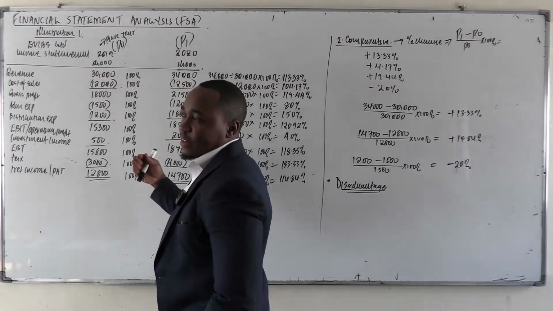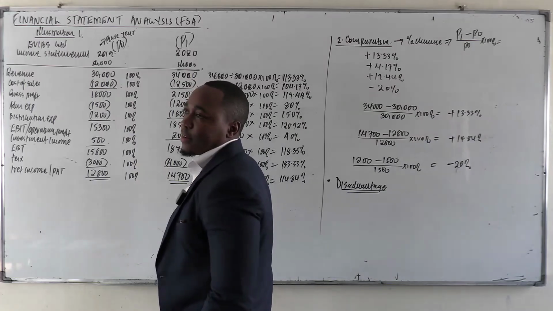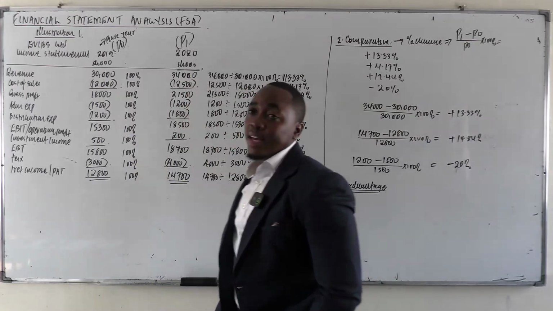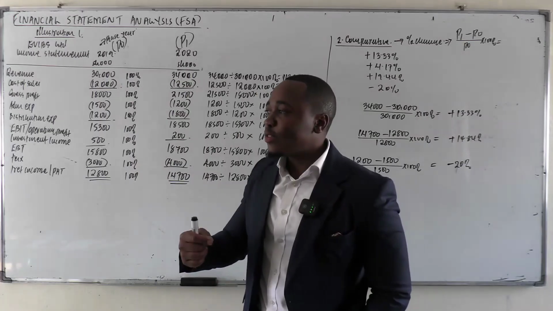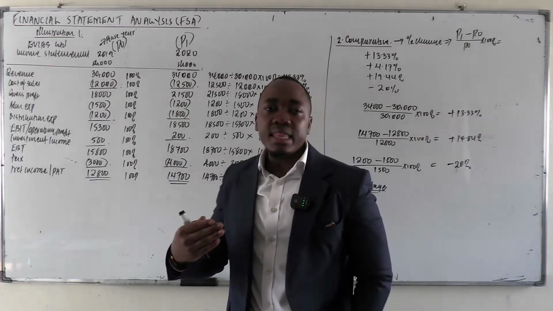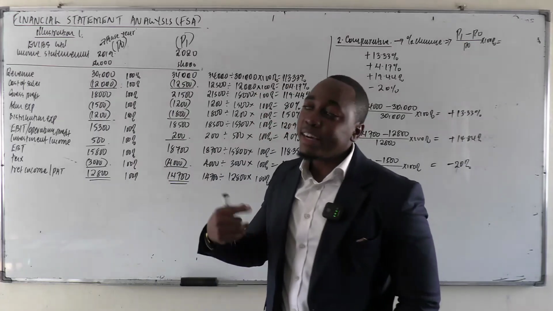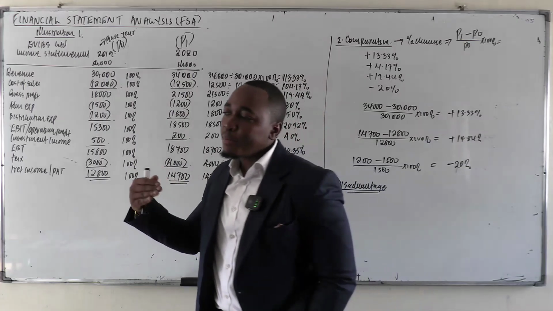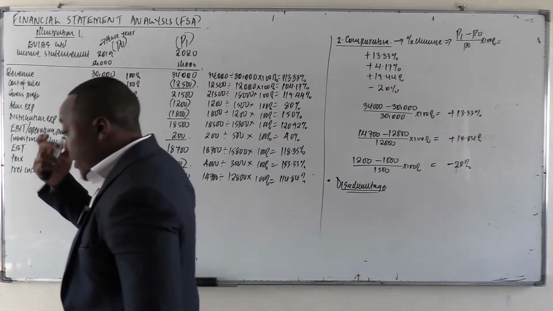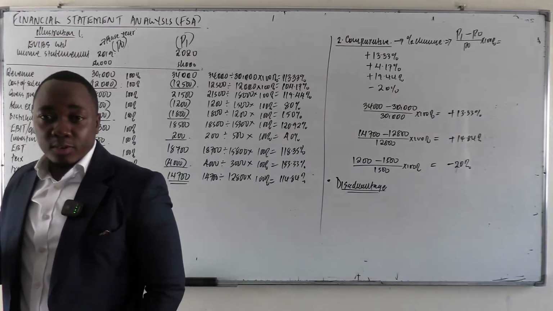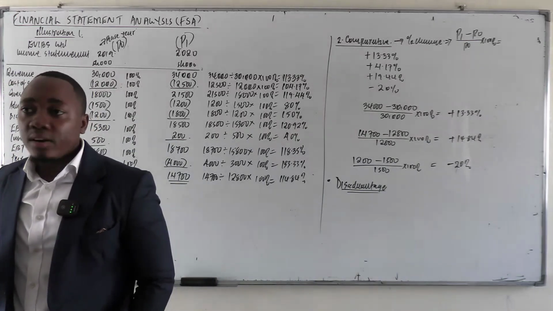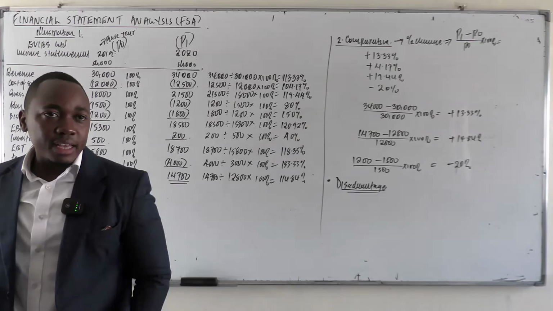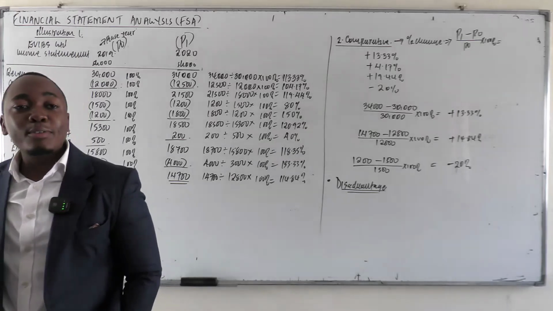So the perception is that revenue has increased, but sometimes revenue can increase not as a result of improvement in the business. It can also increase as a result of inflation, a general increase in prices. For example, currently the price of fuel is going up, but that does not mean that the petrol stations are earning well. They are not. There is nothing that is changing. Even to them, the business is not performing better.